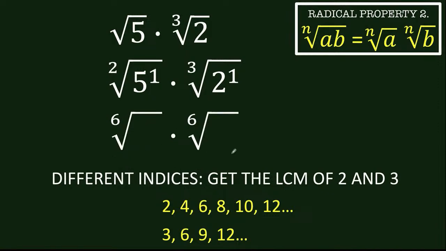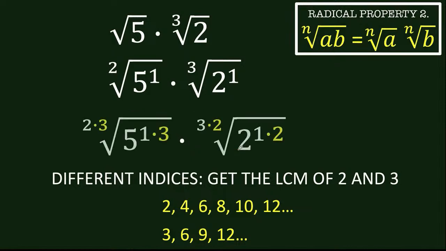Now, how can we find what is the radicand? Notice that in order to get 6, we need to multiply this original index of 2 by 3, because 2 times 3 is 6. Since we multiply the index by 3, we are going to multiply also the exponent of the radicand by the same number 3. For the second radical, from the original index of 3, in order to get 6, we multiply 3 by 2.